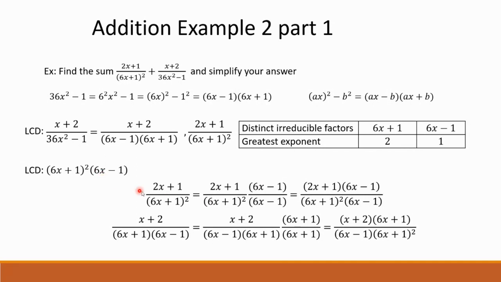We have 6x plus 1 squared, but we're missing the 6 times x minus 1. So now we're going to multiply the bottom by 6 times x minus 1. And remember, whatever you do to the bottom, you have to do to the top. So we're going to multiply the top by 6 times x minus 1. And that's why we get this.